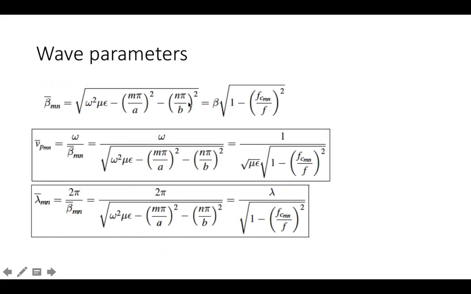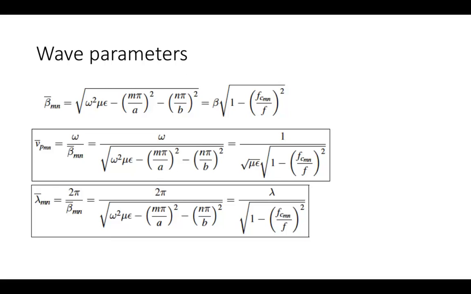All right, so wave parameters. Beta is the propagation constant, so assuming we have a propagating wave in the guide, we can solve for beta, and then you find that you can factor out the intrinsic beta. Intrinsic beta is the square root of omega squared mu epsilon, which is what the propagation constant would be in unbounded media.